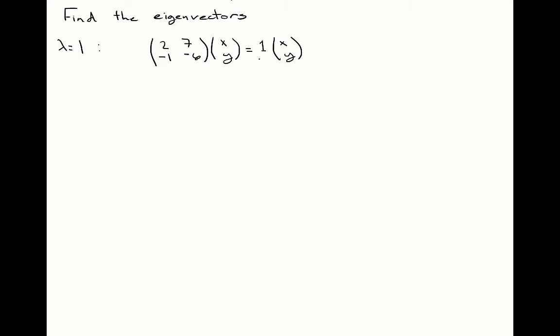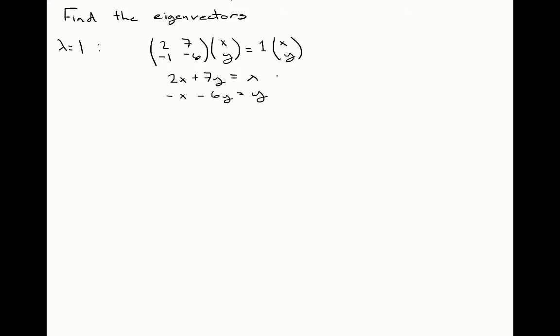So we can write out what these equations give us. Here we're doing our multiplication. So we get 2x plus 7y equals x. And we get minus x minus 6y equals y. Both of these equations are the same thing.